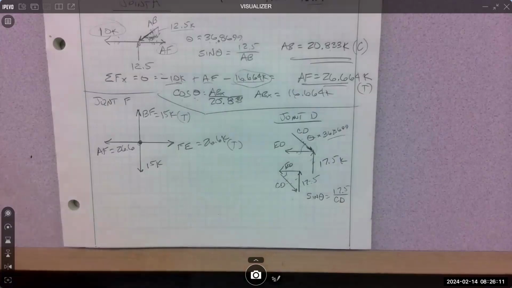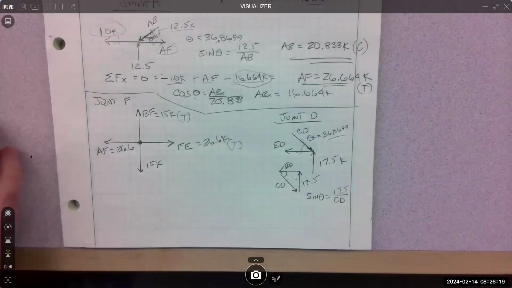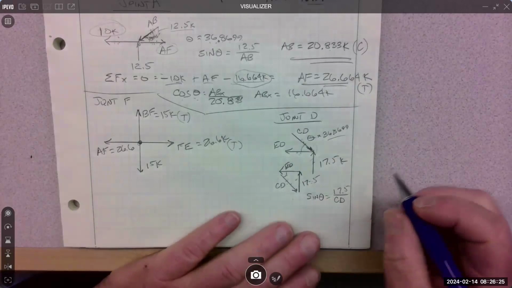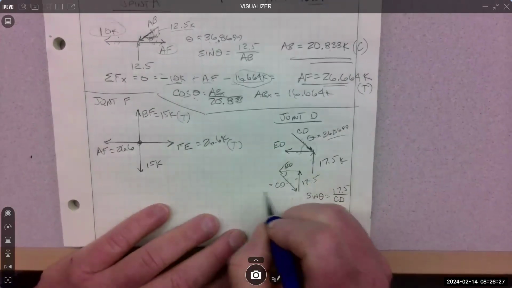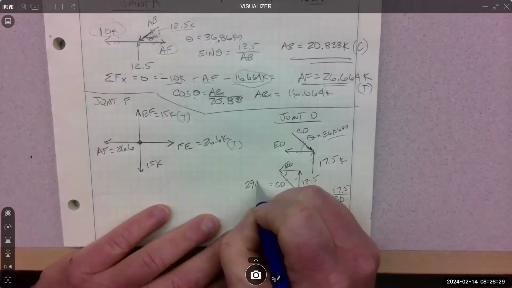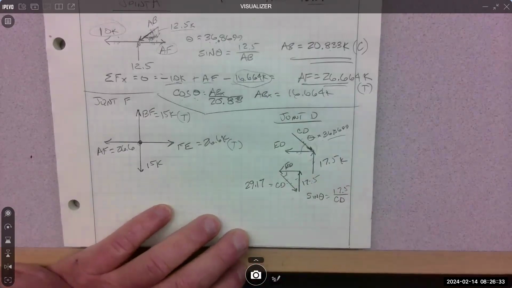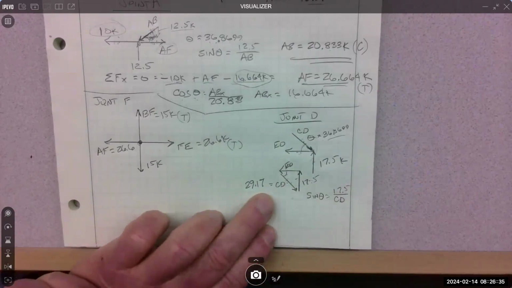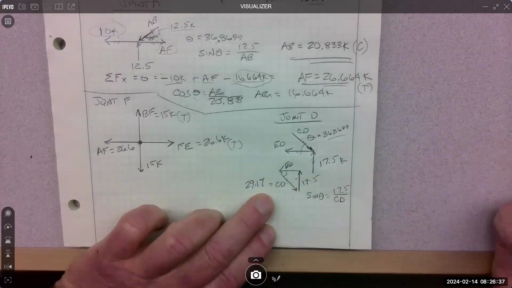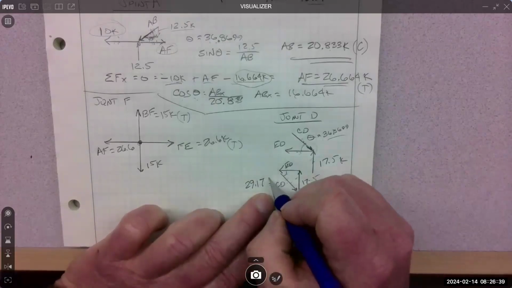So that's going to be 17.5 divided by the sine of theta. 29.17. Anybody get that? Good. And compression or tension for CD? Compression. Yeah, going into the point.